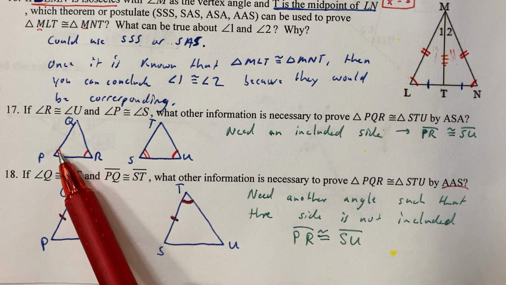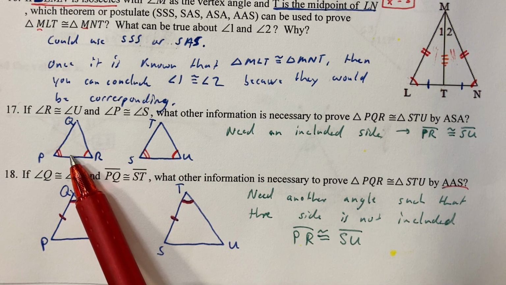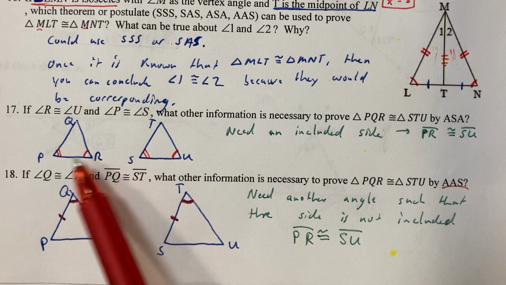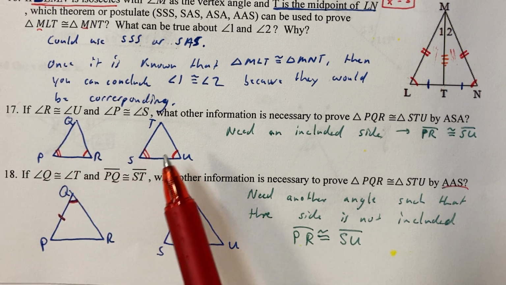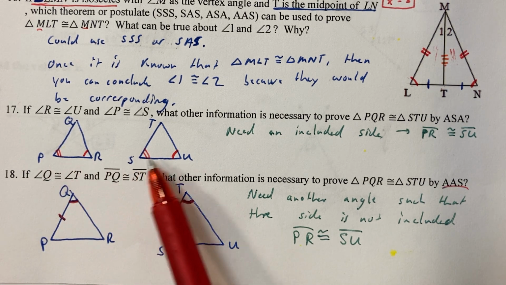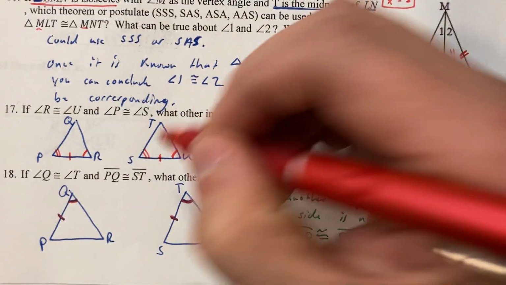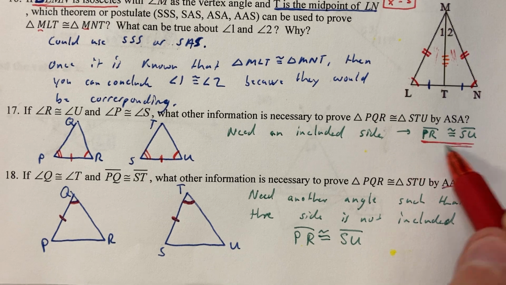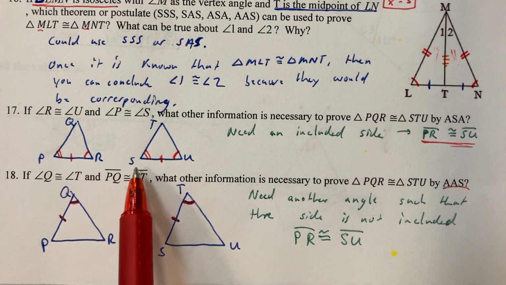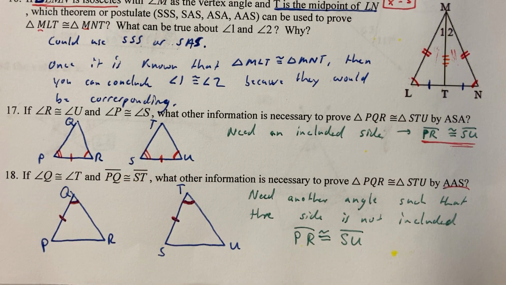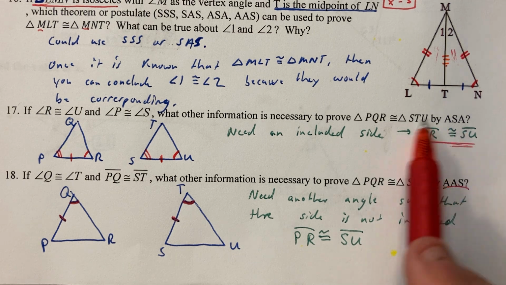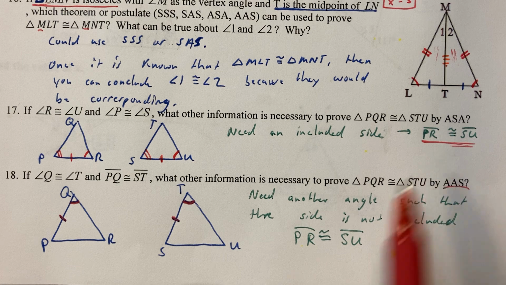So we have angle, side, angle. We need this side to be the same as this side. You can even put the marks there if you want, but that's what we're looking for right here. We need PR to be congruent to SU. This will be a multiple choice question. You'll have different options. You pick this one as your multiple choice.